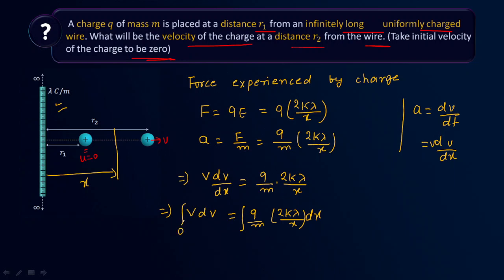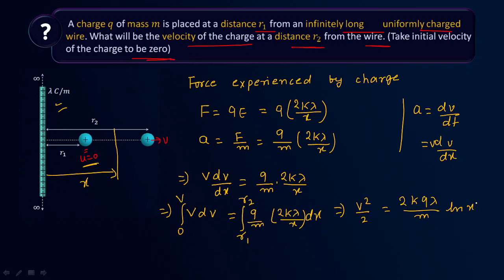Here the initial velocity was how much? 0. Finally, let us say v. Here the initial displacement was how much? r1. Final is r2. So from here, v dv integrates to v square by 2, which equals 2k q lambda by m. These are constants, so we can write them as they are. Now the integration of 1 by x dx is how much? ln x, right?